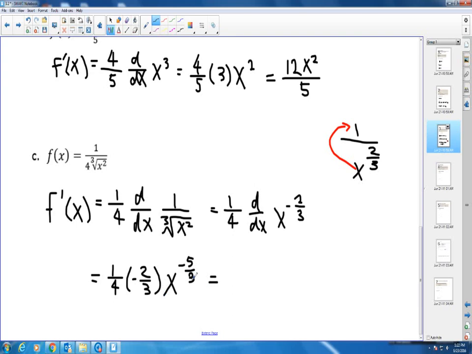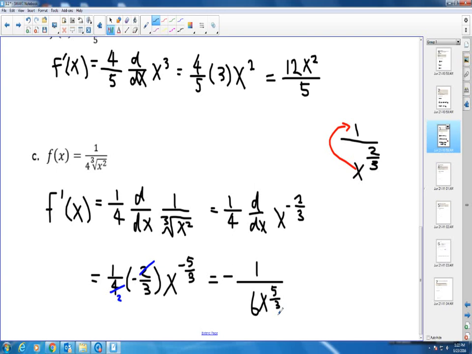Since x has a negative exponent, that will come to the bottom, becoming x to the positive 5/3. Now I just multiply this out, my fraction cancels out, leaving me with a 2, so that will be negative 1 over 6. So my final answer is negative 1 over 6x to the 5/3 power.